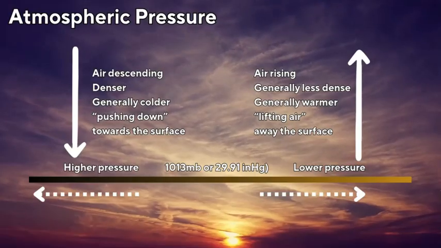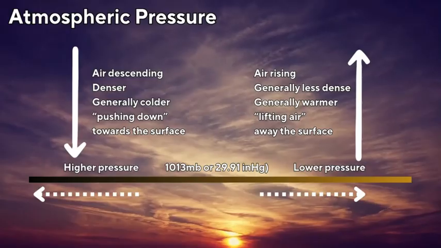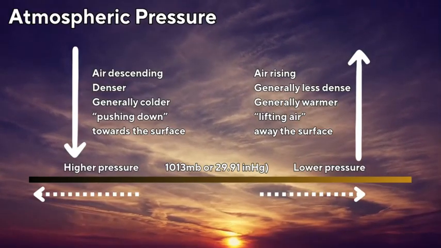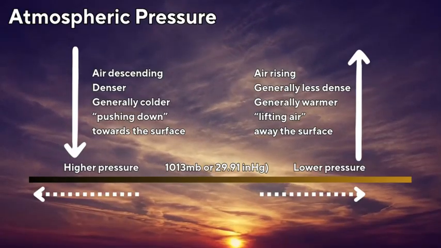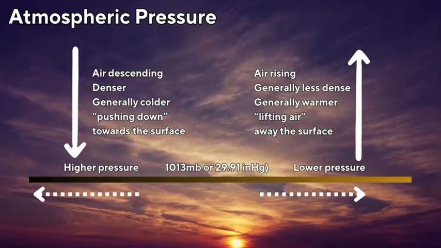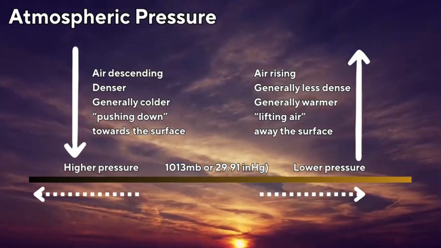And this rise in air parcel away from the surface would exert less pressure on the surface, and this would be equivalent to any number lower than 1013 millibars, or 29.91 inches of mercury. That would be lower pressure.